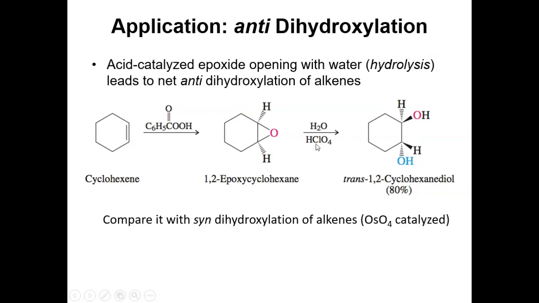This acid catalyst typically should be an acid that is not nucleophilic. So what are examples of acids that are not nucleophilic other than this one? Can anyone tell me? Yes. Phosphoric acid. Okay, very good.